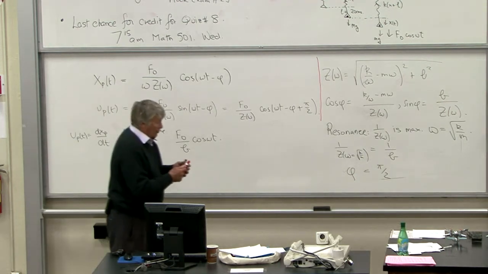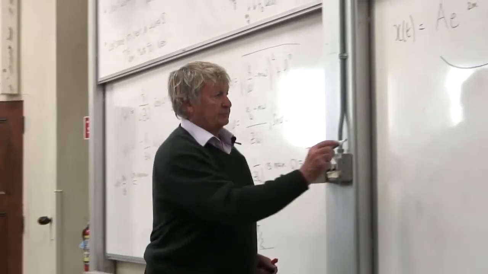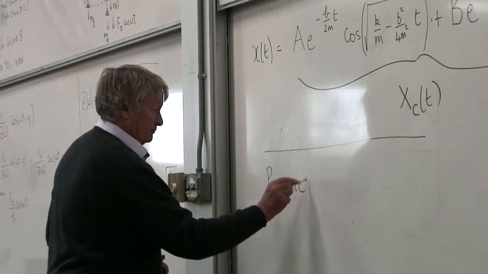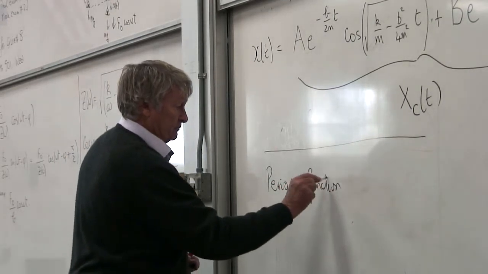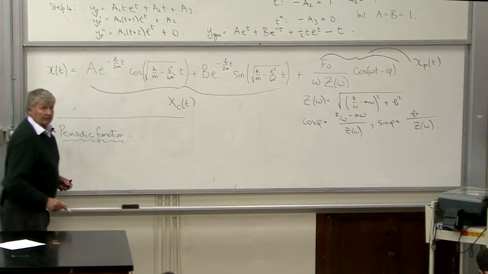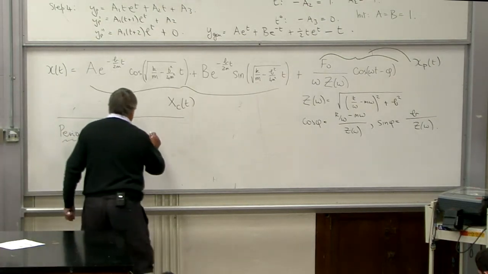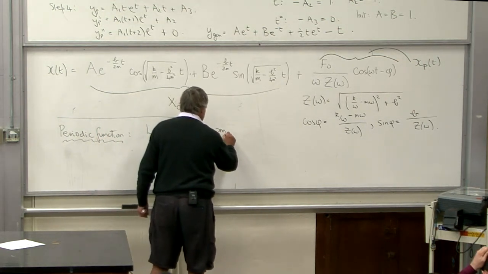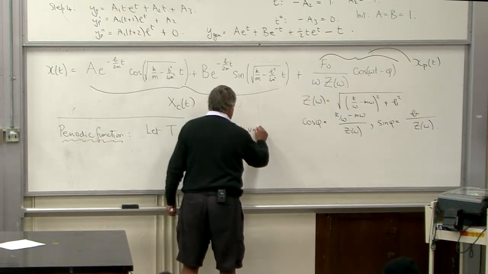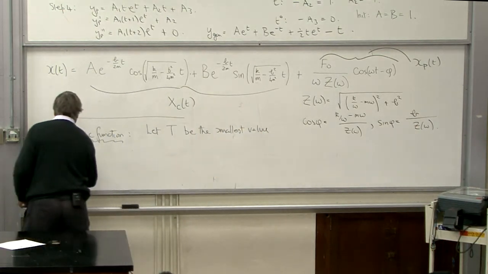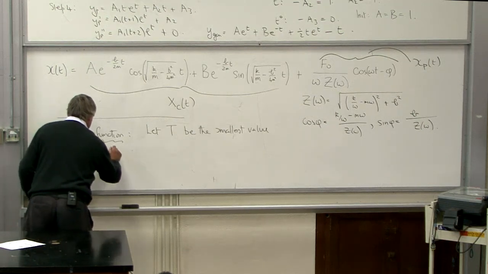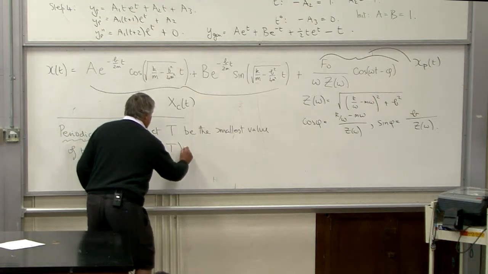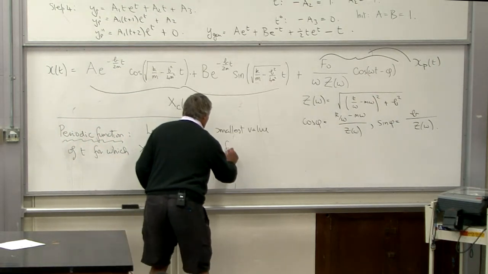First of all, let me introduce the notion of a periodic function. Let capital T be the smallest value of t for which x of t plus capital T is equal to little x of t for all little t.